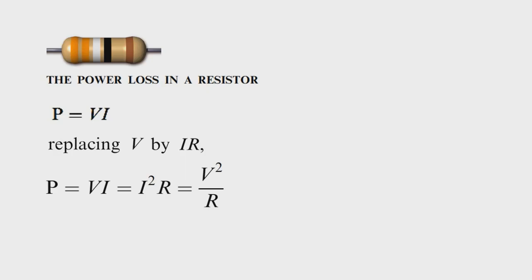Multiplying by R, we can cancel out R over R squared. And so, power is also equal to V squared over R.